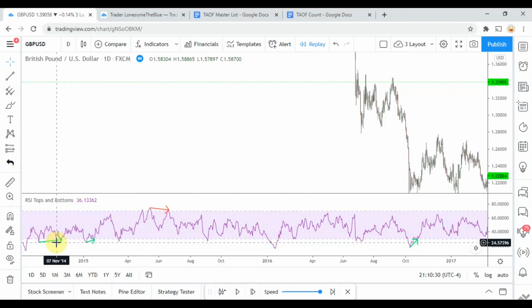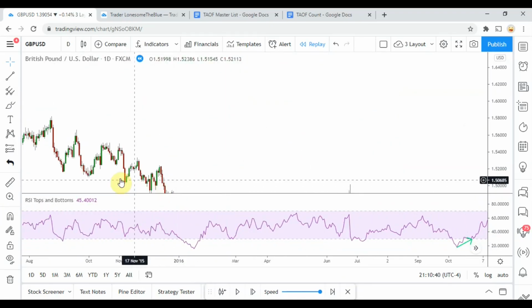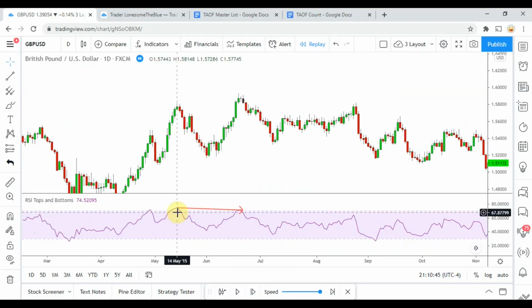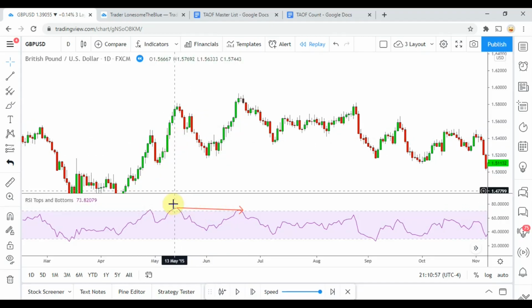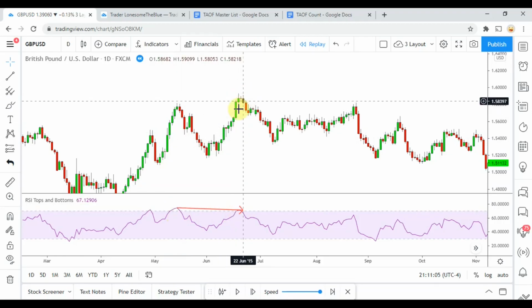And basically what these arrows are doing, they are pinpointing where divergence is taking place. And so for those of you who don't know, divergence is kind of a phenomenon where the RSI makes a lower high while price, in this particular case, so we're looking at the top side here, the RSI is making a lower high right here as price action is making a higher high.